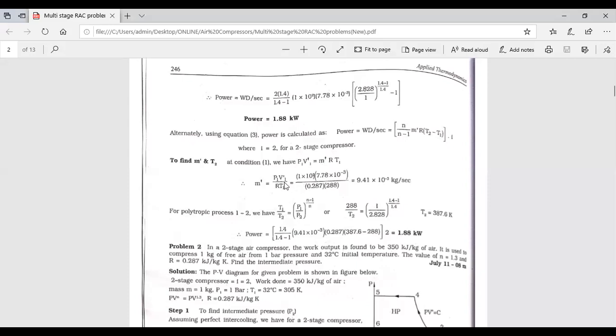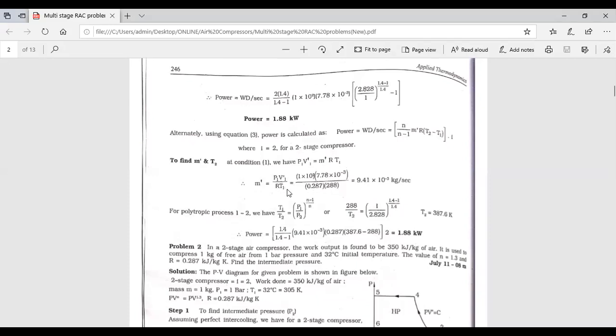P1 is 1 bar, that is 100 kilopascal. V1, as I said, you have to express in meter cube per second, divided by R. You have to remember R is 0.287 kilojoules per kg Kelvin. Suppose if they are not giving it, you have to assume the value of R as 0.287.